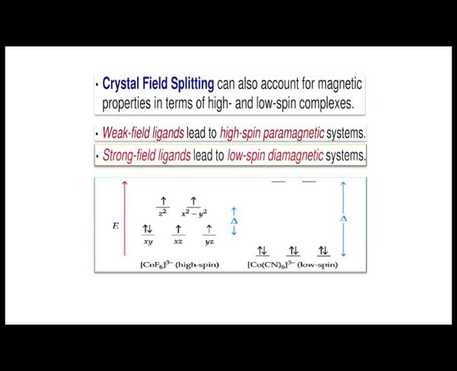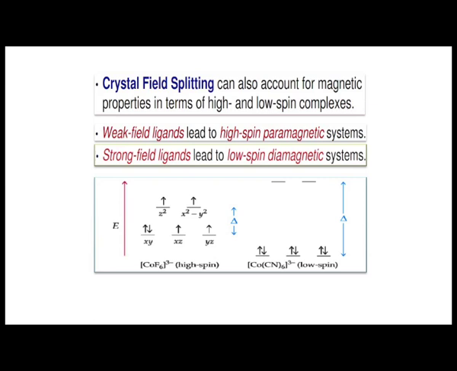Now, some of the ligands we will categorize as weak field ligands. So, weak field ligands give rise to the corresponding high spin paramagnetic species. That means ligands are not changing the corresponding pairing of the levels with respect to the crystal field splitting.